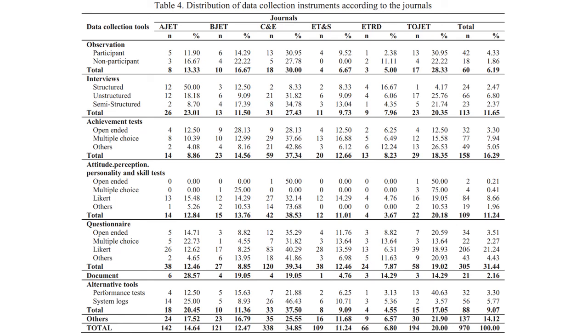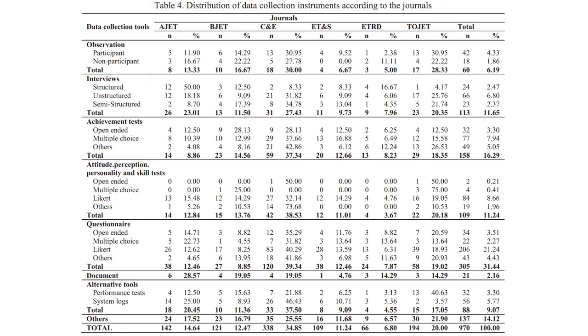So if we look based on data collection tools, we can conclude that most of the researchers across different journals, these are all impact factor journals if I can say, opt to use questionnaires, either open-ended questionnaires, multiple choice questionnaires, Likert scale type of questionnaires, or others, to collect their data.